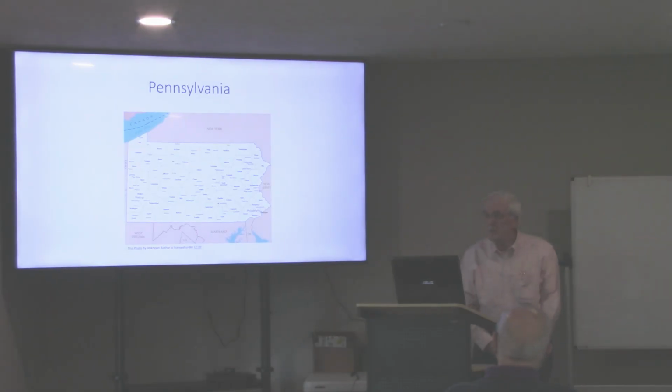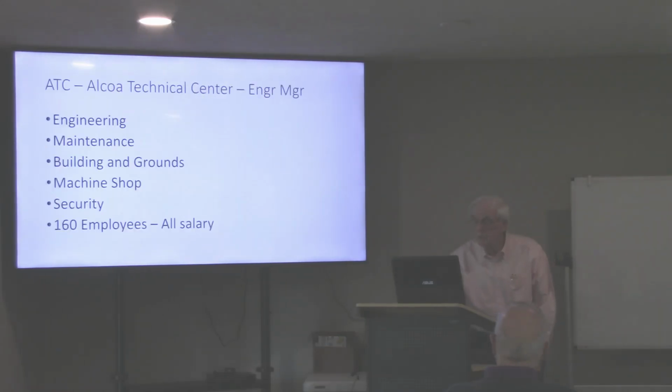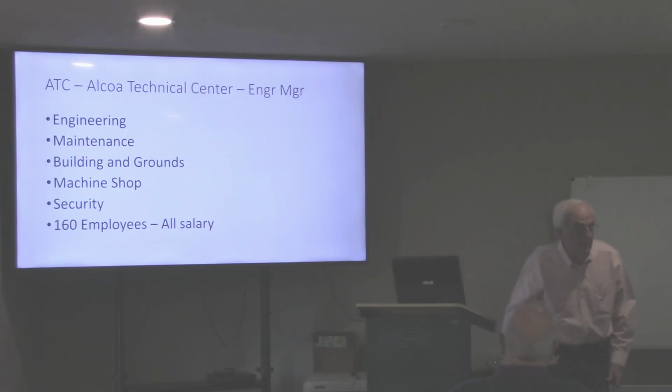Then we moved to Pennsylvania, and there I was the engineering manager, and I had engineering, maintenance, buildings and grounds, machine shop, security, and had about 160 employees there. And when you're in charge of a machine shop, there's all kinds of things that are interesting that you can make in a machine shop. All of the employees were salaried.